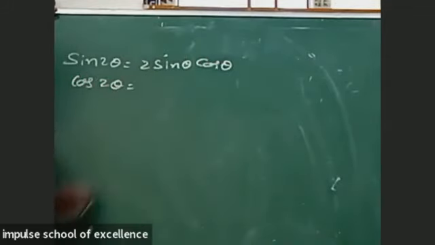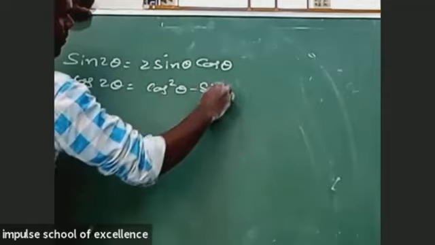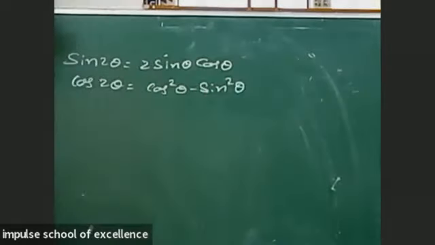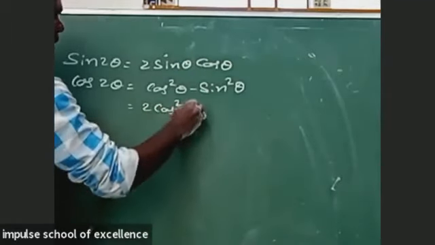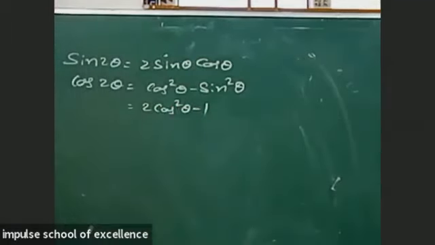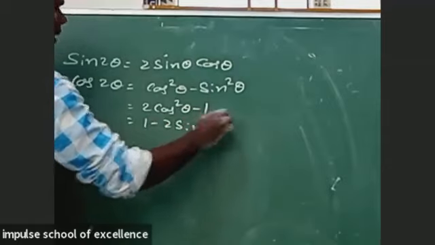Cos 2 theta is equal to cos square theta minus sin square theta. And we can write it as 2 cos square theta minus 1. In the same way, we can write it as 1 minus 2 sin square theta.